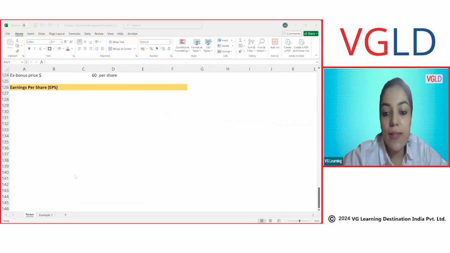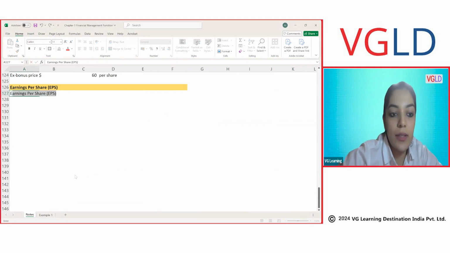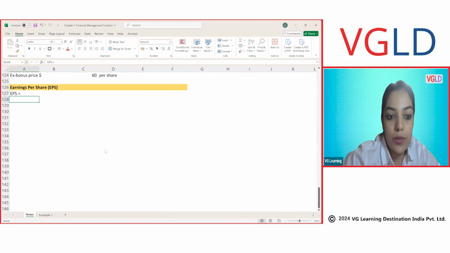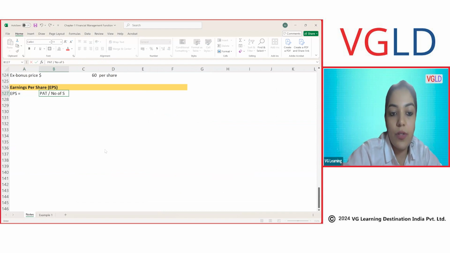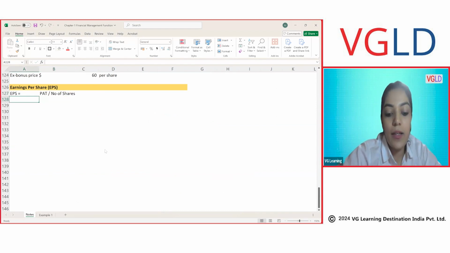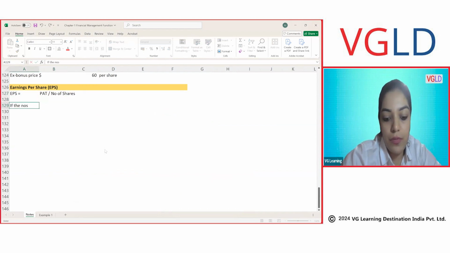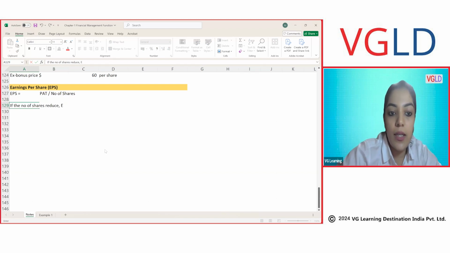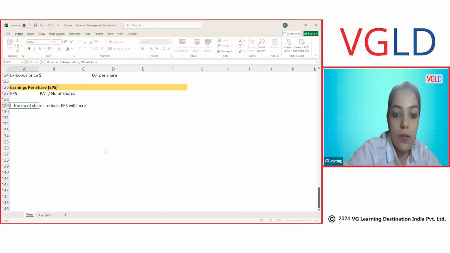So what is the formula? First of all, EPS is equal to PAT by number of shares. If the number of shares reduce, EPS will increase.